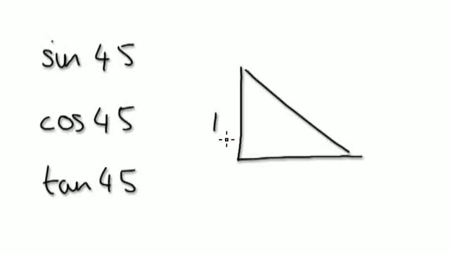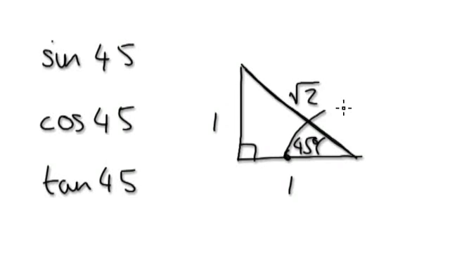In the last video, we came up with the terms for, let's say, sine 45, cos 45, and tan 45 by creating a simple triangle like this. This is one, this is one, so we know that this must be 45. Then from this, we use Pythagoras to work out that this length here is root 2.